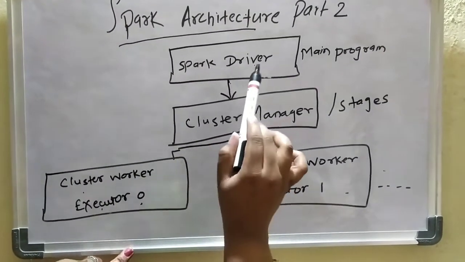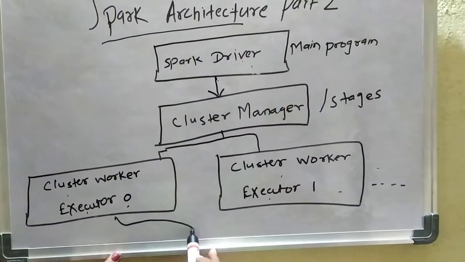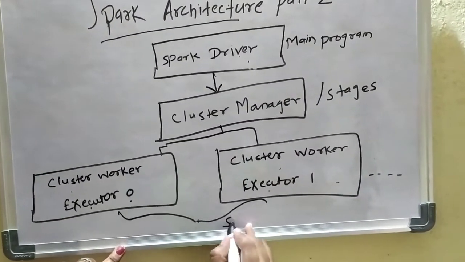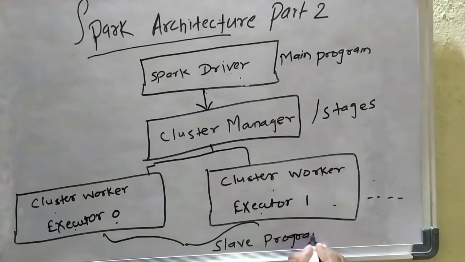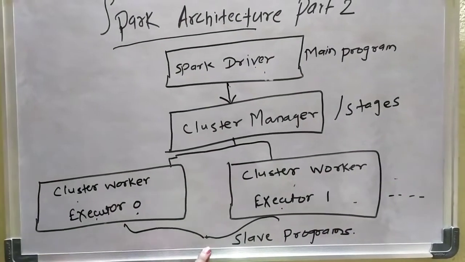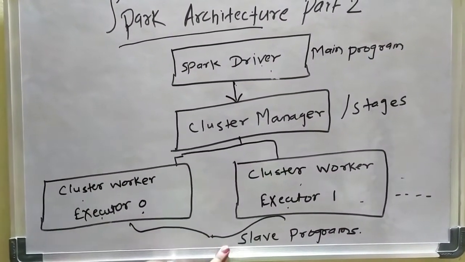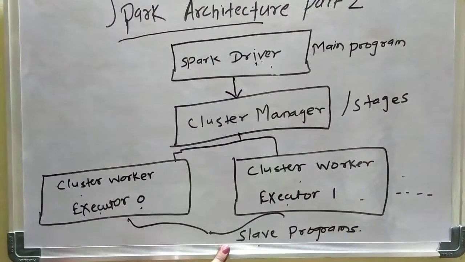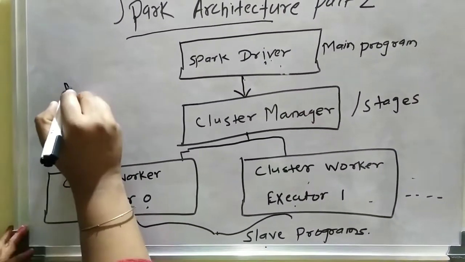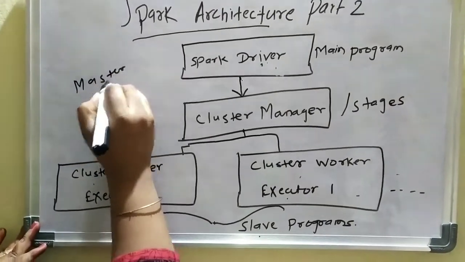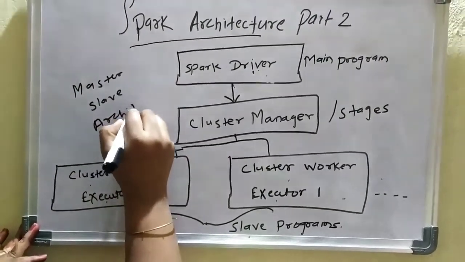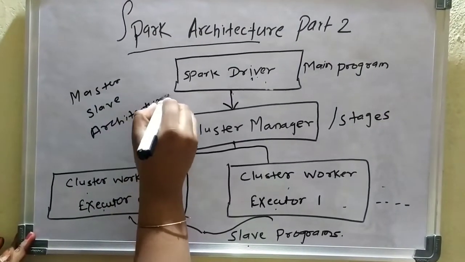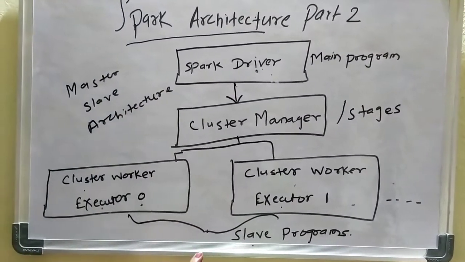These executors perform specific tasks and generate the output. These are the slave programs. So the driver is the master program, and the cluster workers, or the executors, are the slave programs. So the Spark architecture is a master slave based architecture. This is the whole idea of Spark architecture.